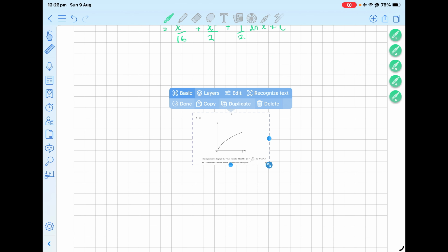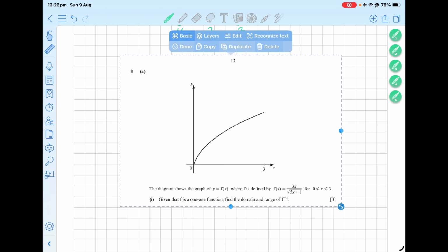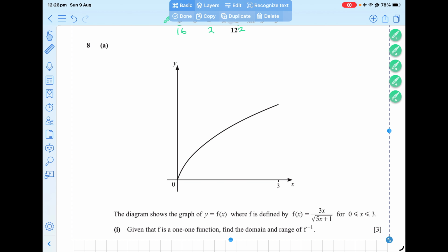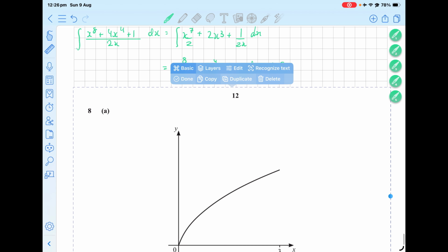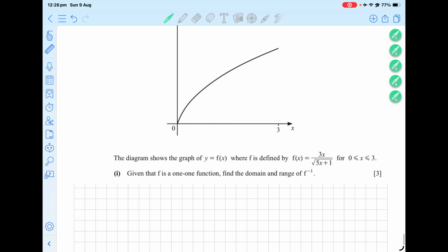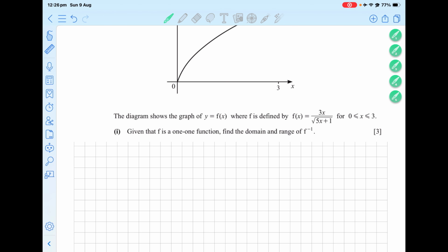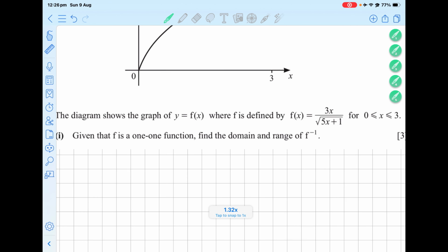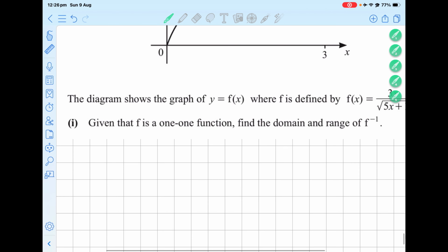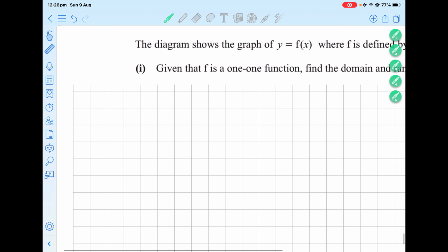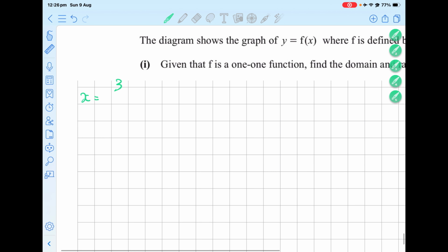So what do we have here? Given that f is a 1-1 function, what is the domain and range of f inverse of x? So we know what f of x is, so we just need to solve. So first I'm going to say that x equals 3y over the square root of 5y plus 1.